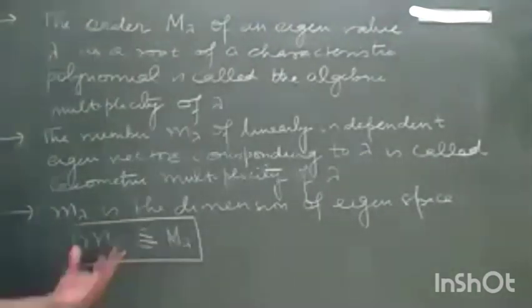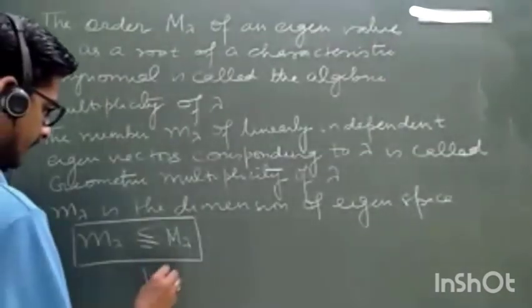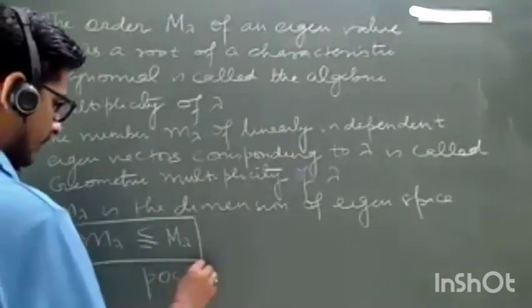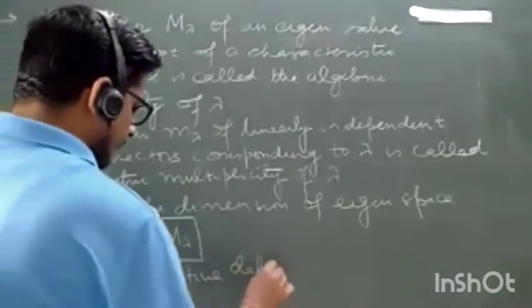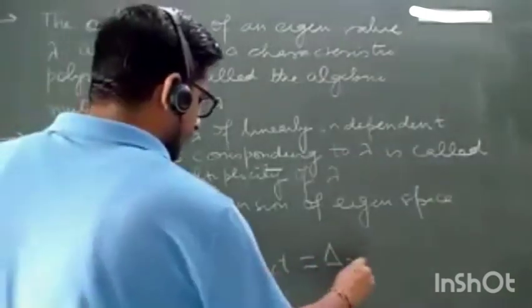In every question, we can calculate this and also calculate this difference, and that is known as the defect, positive defect. It is represented by del lambda.